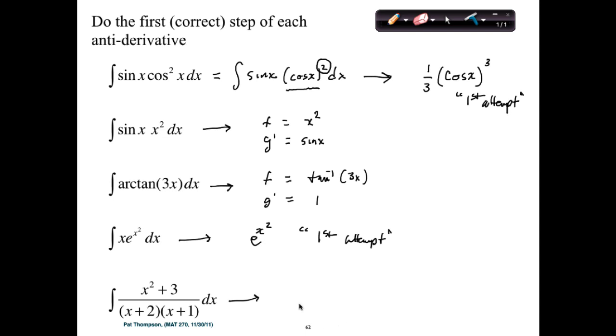Partial fractions, first step. Split it up as a over x plus 2, b over x plus 1. Yeah? So you don't have to long divide in the numerator. Oh, yeah, good call. Very good. I didn't notice that. Yes, first step is to long divide.